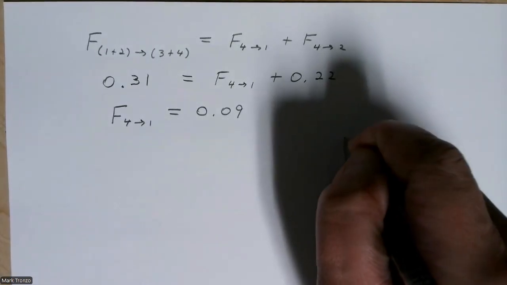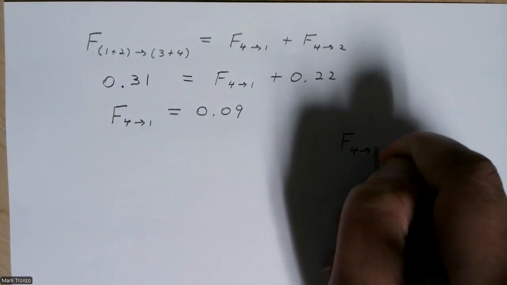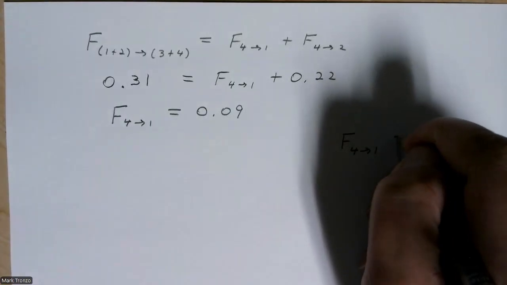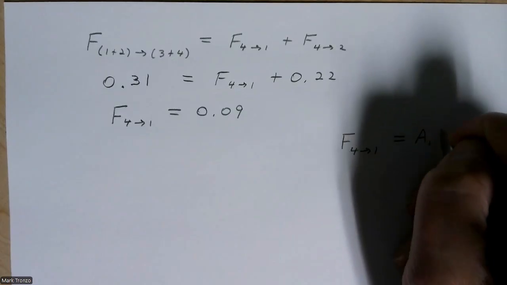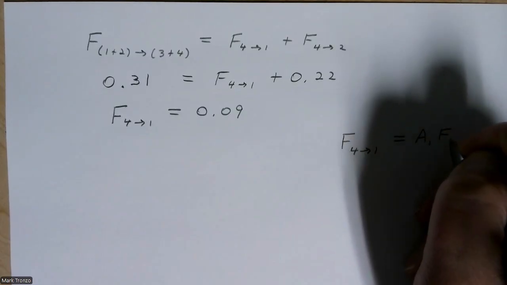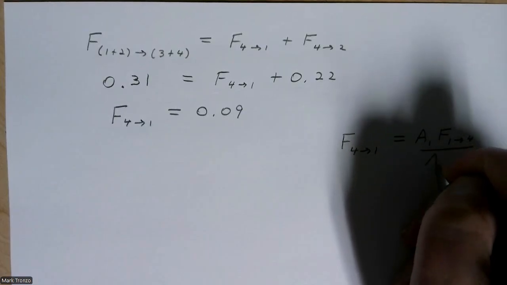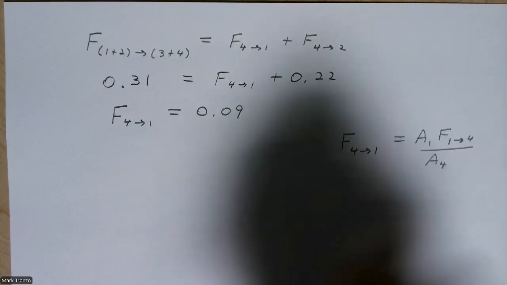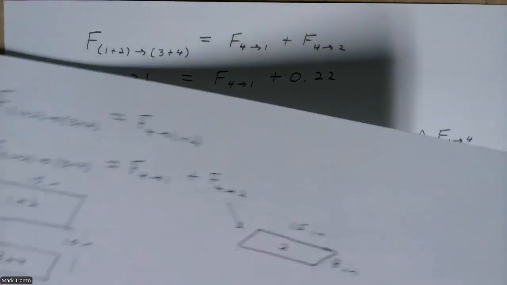So remember, F41 is going to be equal to A1 F1 to 4 divided by A4, but those two areas are exactly the same.